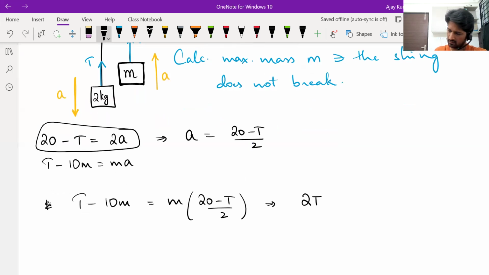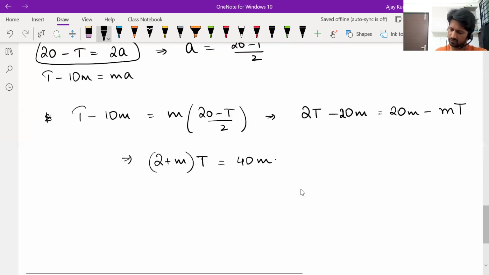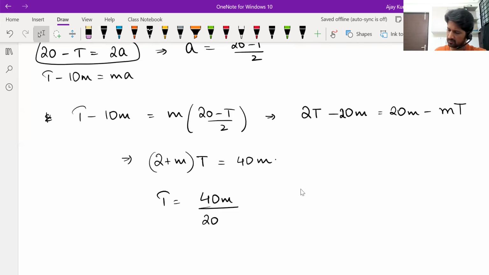So 2T minus 20M is equal to 20M minus MT. Send it that side. So (2 plus M) into T is equal to 40M. Okay, we got some expression for tension in terms of mass. T is equal to 40M divided by (2 plus M). Is this the same that you got? Yes, sir.